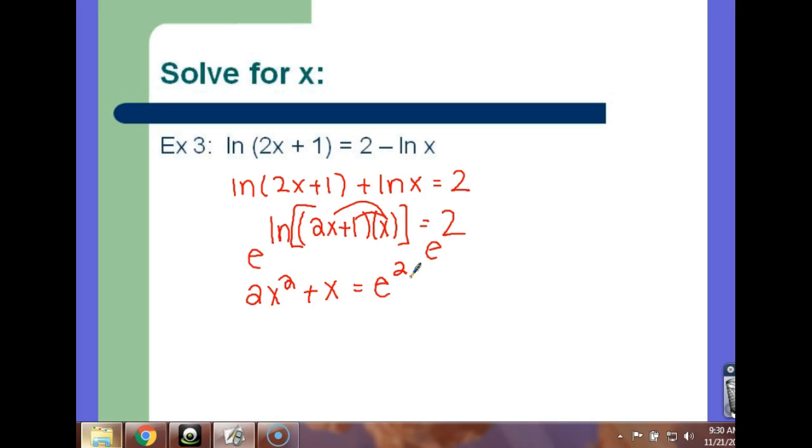And then it's a quadratic. So when you move it over, it ends up being the quadratic formula. You can just kind of factor it. Since you have e squared, it'll be e and e. Yes.